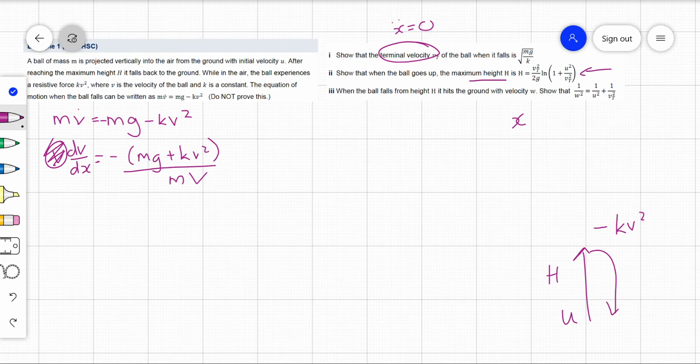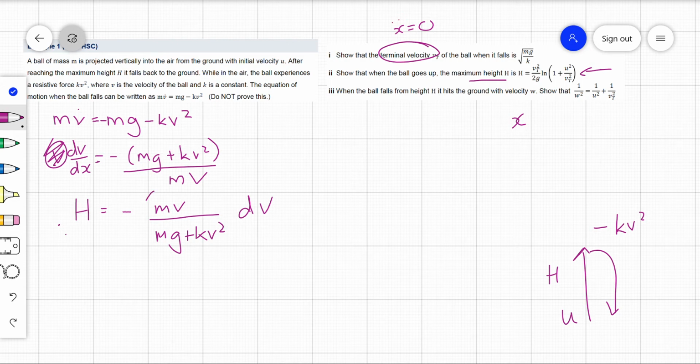What I do want to do is tip it upside down, because I want x equals, so I actually want dx to dv. So tipping it upside down, I'm going to have minus mv over mg plus kv squared, with respect to v. And I'll change this side as well, to my h when I finish doing the integral.